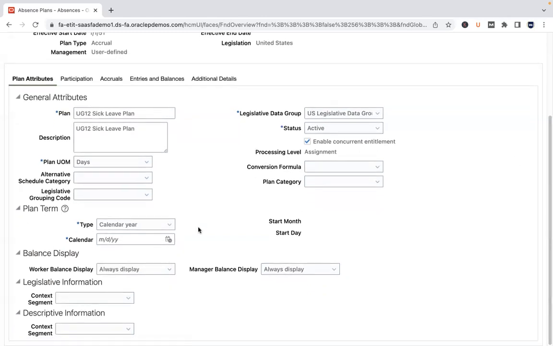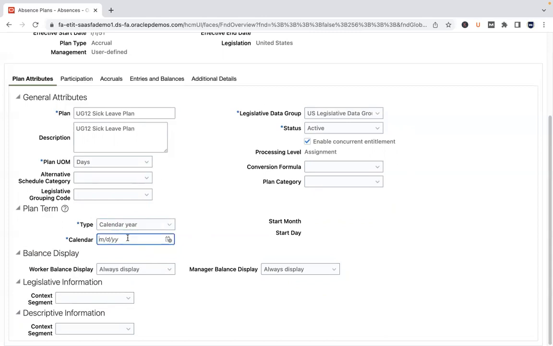And plan term is very important here. This is what determines the term that you want to consider for a plan. What is the year start date? You've got 2 options here, calendar year and anniversary year.